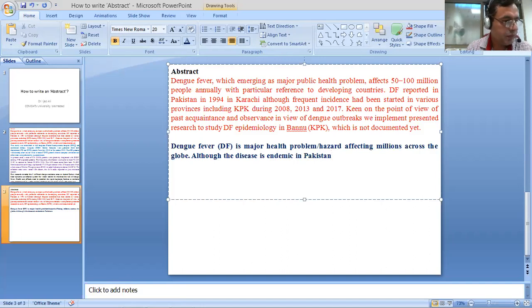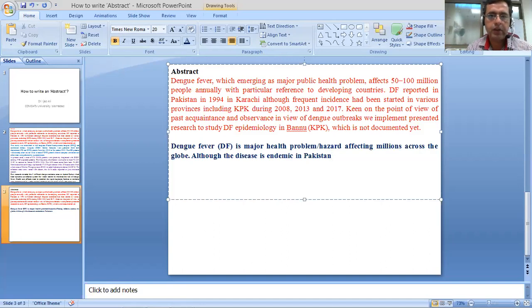But several regions, but there is negligible information about the southern parts of Pakistan. That he's talking about the southern parts.